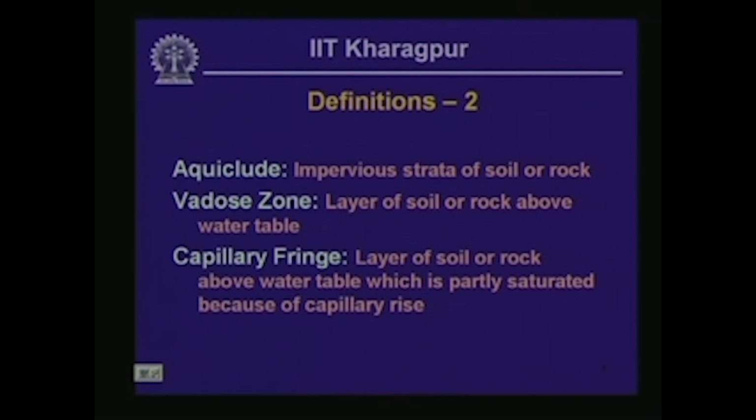Now, capillary fringe is a layer of soil which is partially saturated above the water table, and this layer gets partially saturated because of capillary rise of groundwater through it. If you have very fine grained soils, then that soil can in fact be substantially saturated even if you are considering an element within the capillary fringe.